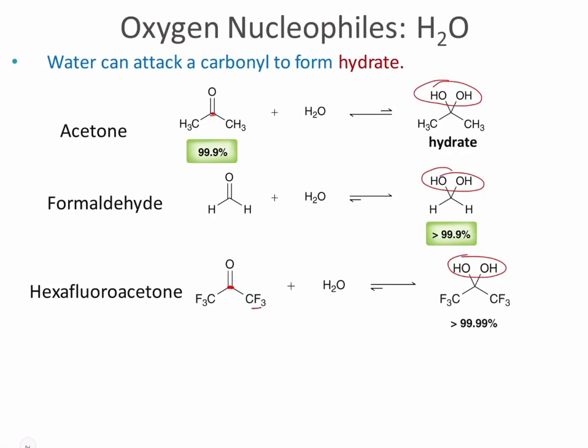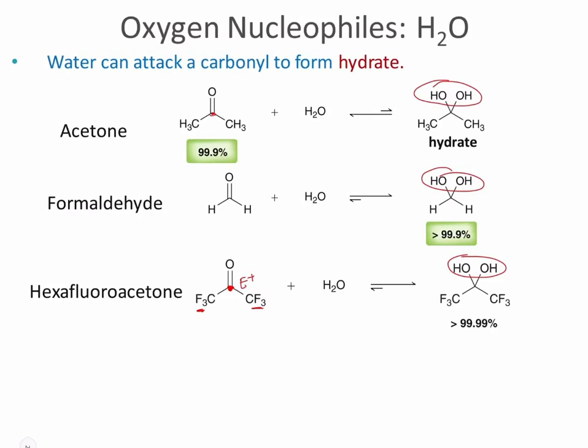So if we attach it to the fluoride groups, then we know that fluorine is more electronegative. So it's going to remove the electrons. It's going to have the electrons residing more to itself than on the carbonyl carbon. So the carbonyl carbon becomes more electropositive. It becomes more electrophilic.